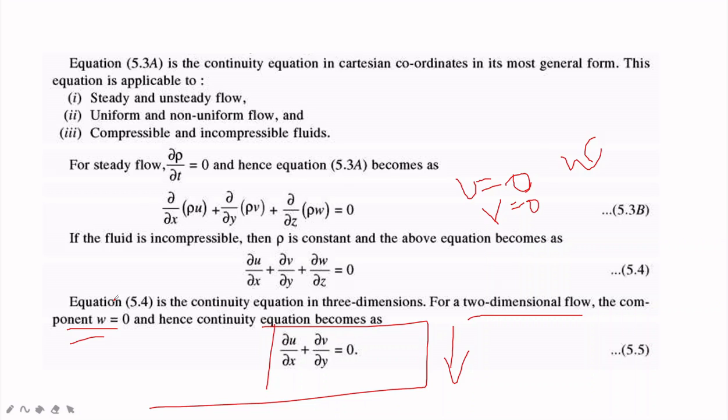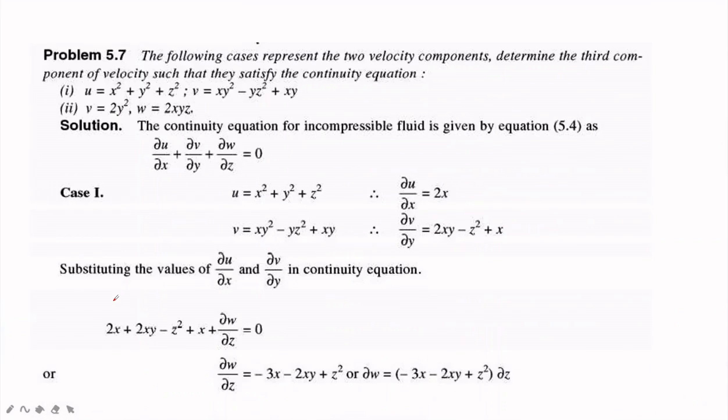How will the question be framed? I'll show you one question. The following cases represent two velocity components. See here, they are giving two velocity components. Determine the third component of velocity such that they satisfy the continuity equation. The u component is given, in the x direction, and the v component is given.